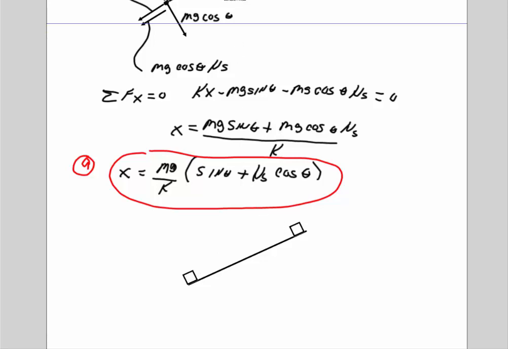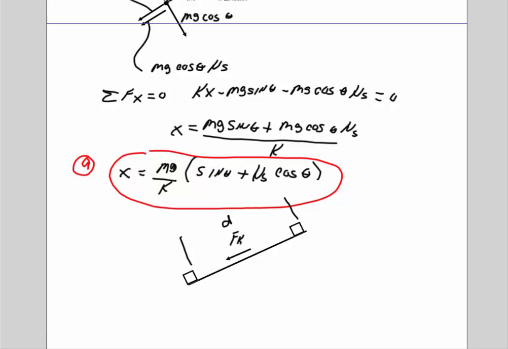Now as it slides along here, you have kinetic friction acting upon it. So we're going to make that Fk, your kinetic friction. This distance from here up to here represents the distance, and this is the distance that the spring has stretched.